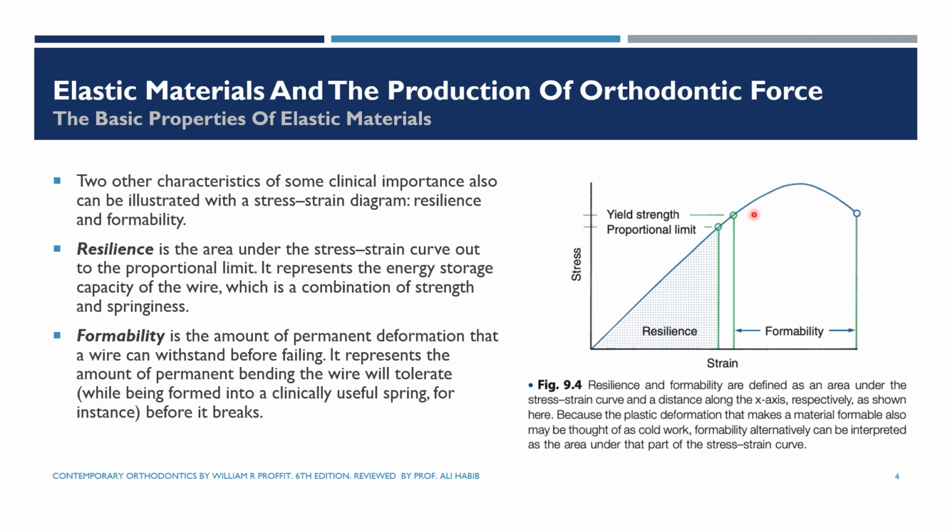Stainless steel is more formable than, for example, the NiTi or the TMA. The TMA is less formable. It represents the amount of permanent bending the wire will tolerate. The opposite of formable is fragile, that is, easy to break.